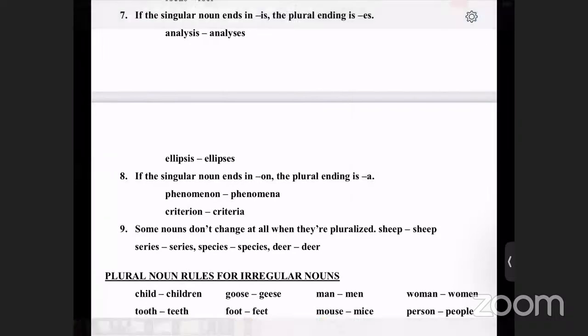Plural noun rules: irregular plurals. Some of the words that are different: child, plural is children. Goose, geese. Man, men. Woman, women. Tooth, teeth. Foot, feet. Mouse, plural is mice.